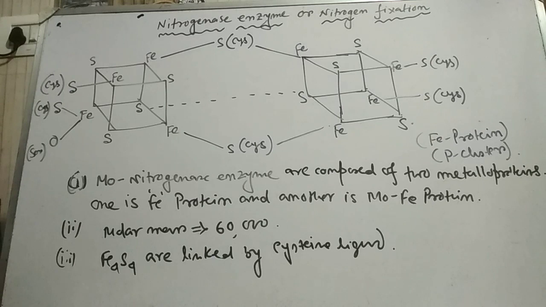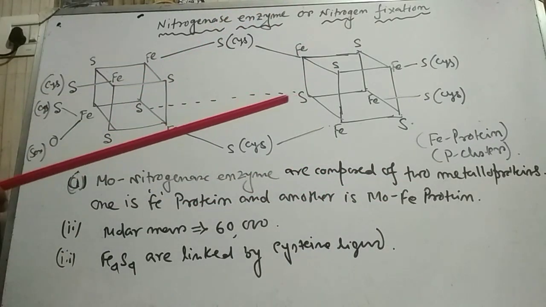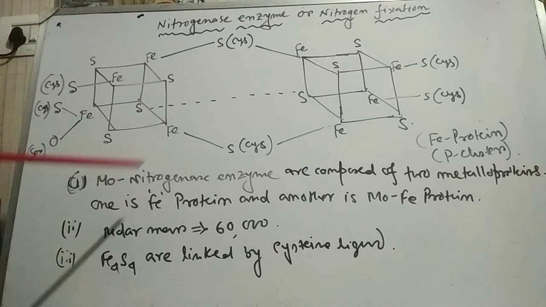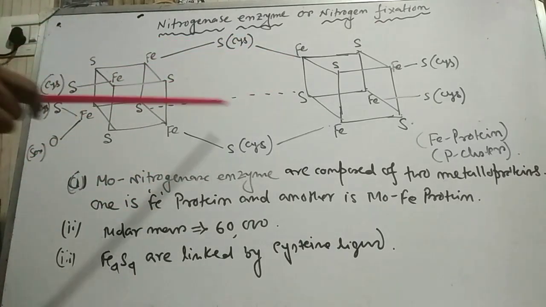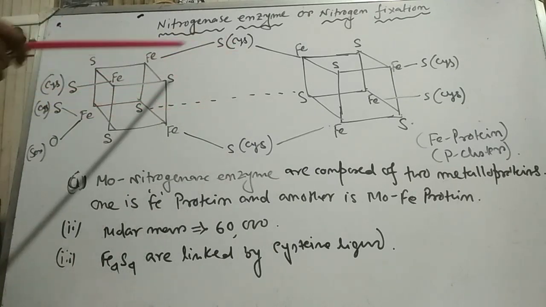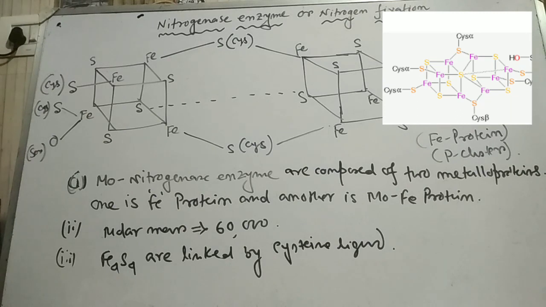First we discuss the structure of the iron protein, and next the structure of the molybdenum iron protein. This is the structure of the iron protein, which is also known as the P cluster. The molar mass of the iron protein is about 60,000.